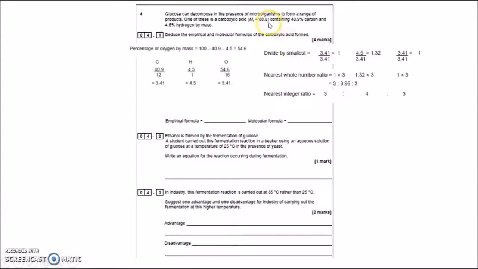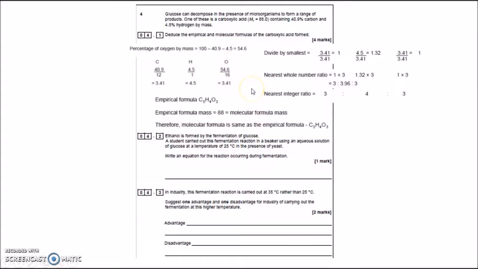Okay, now then, if I had C3H4O3 and I add that up, a carbon's 12, so 3 12s is 36, add 4 1s, add 3 16s, it comes out as 88. And it says here that its Mr is 88.